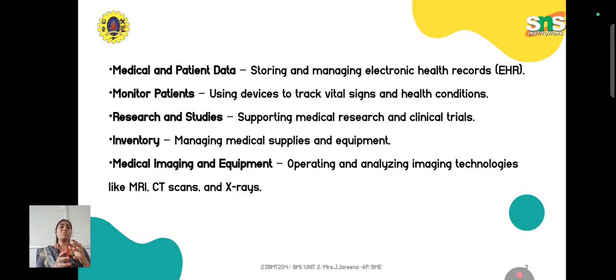Medical and patient data is very important. In earlier times, they used to maintain patient data in paper-based form. They would follow one file, and even these days most hospitals follow the same thing.